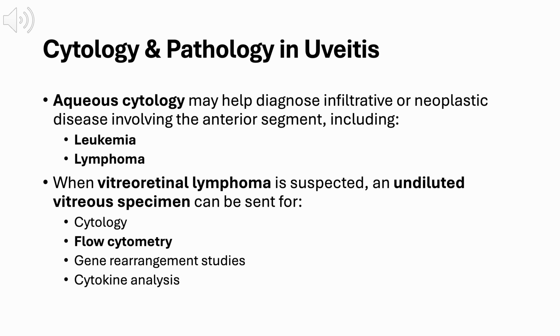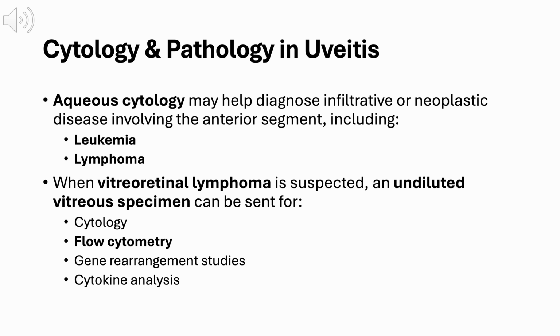When the concern is infiltrative or neoplastic disease rather than infection, cytology and pathology take center stage. Aqueous cytology can help diagnose infiltrative or neoplastic processes involving the anterior segment, including leukemia and lymphoma.